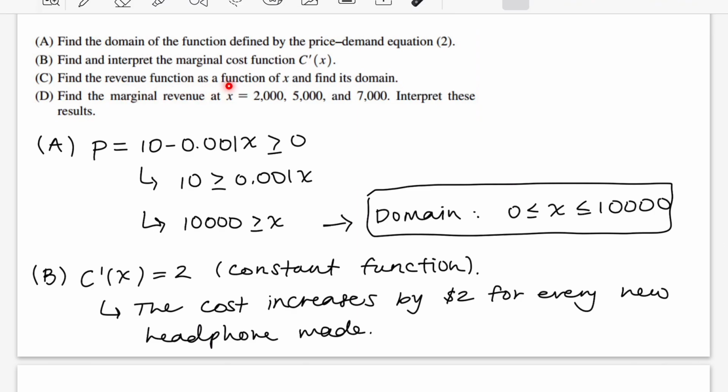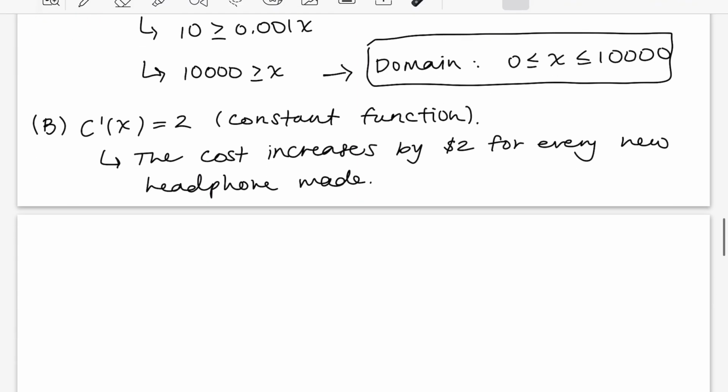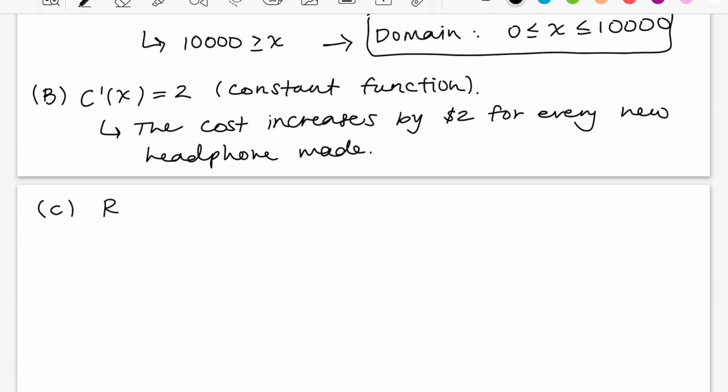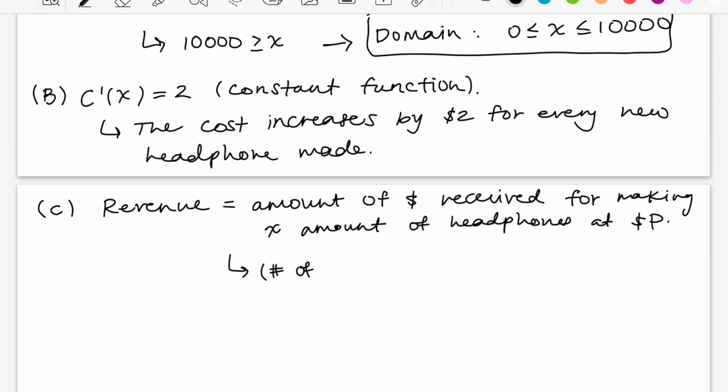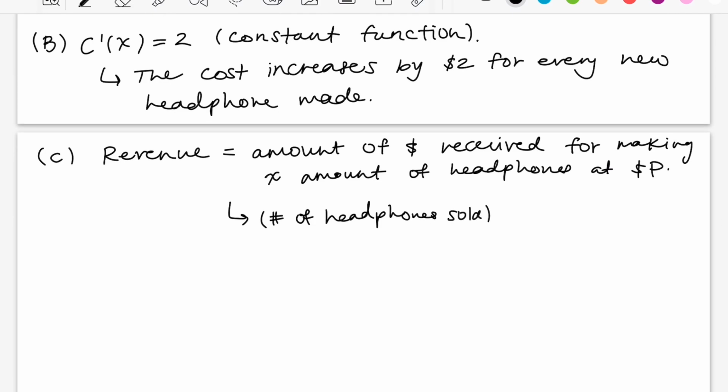Next, we want to find the revenue function as a function of X and find its domain. So we know that our revenue is going to be equal to the amount of money received for making an X amount of headphones at a certain price P. So this is going to be equal to the number of headphones sold times the price per headphone.